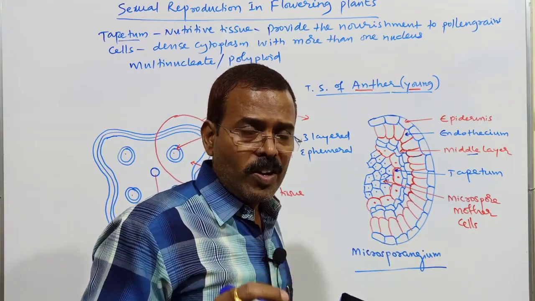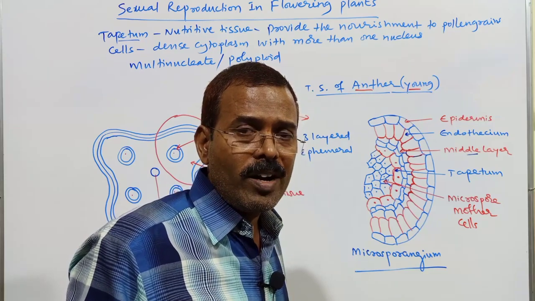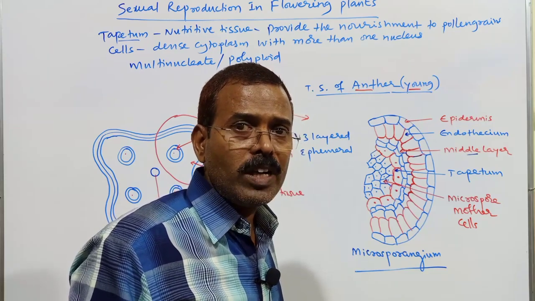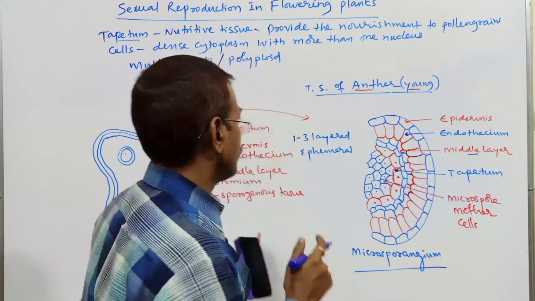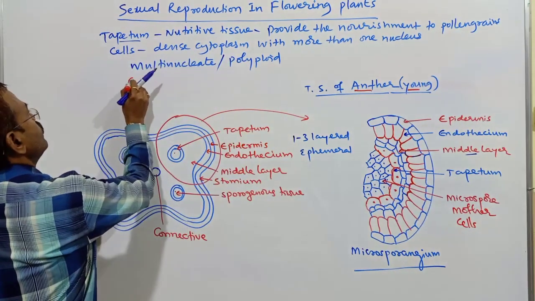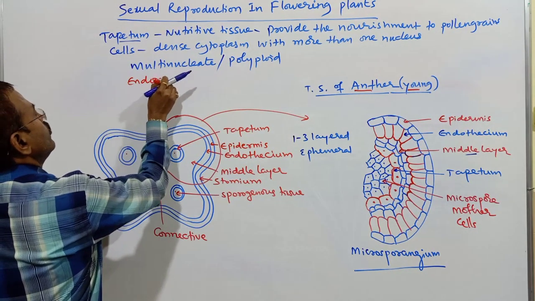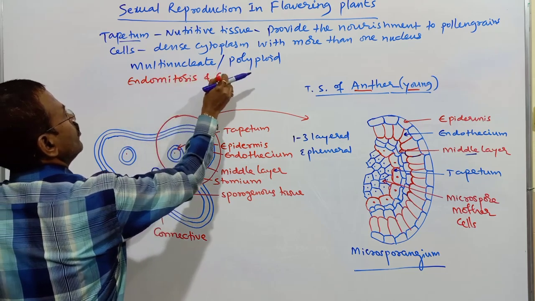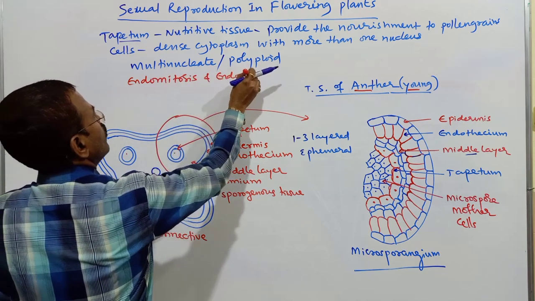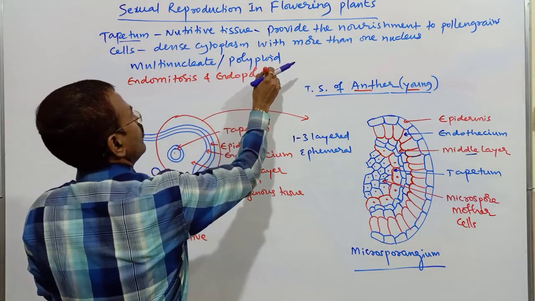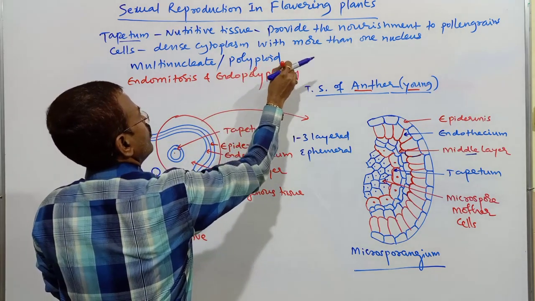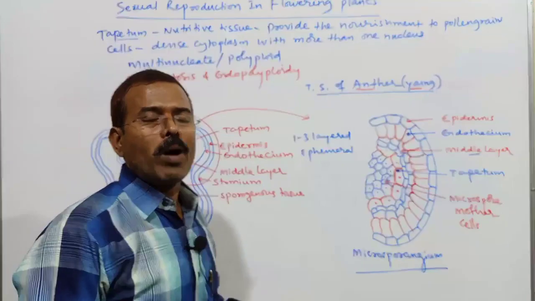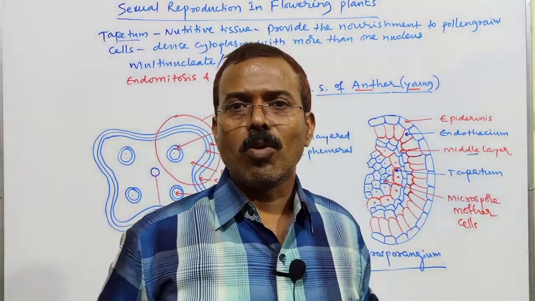The multinucleated and polyploid nature of the tapetum is due to endomitosis and endopolyploidy.